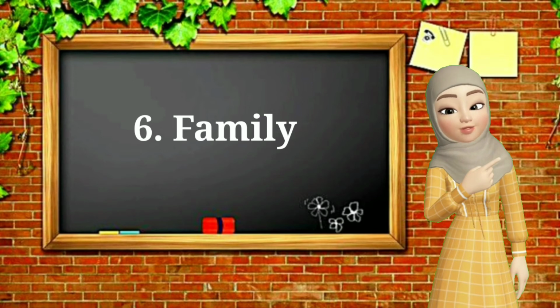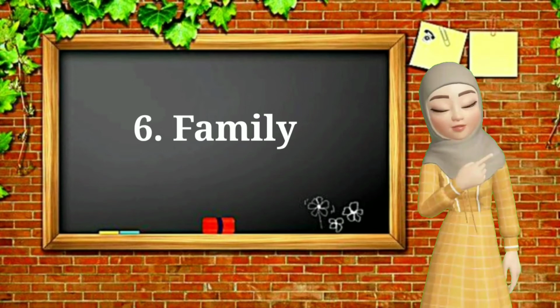We are a family of 4. If you want to talk about how many siblings, you can say, I am one of a number of siblings. For example, I am one of 4 siblings. If you have no brother or sister, you can say, I am an only child.